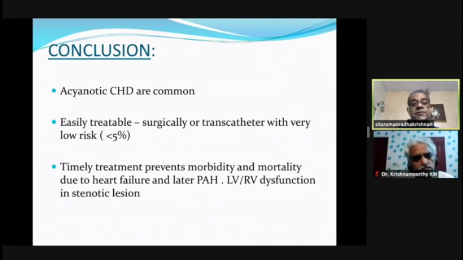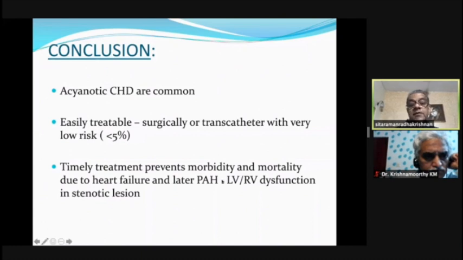So, in conclusion, ladies and gentlemen, acyanotic congenital heart diseases are among the commonest forms of congenital heart disease. They are easily treatable. I think even a 5% risk is a bit high. Dr. Krishnamurthy would agree with me that in good tertiary pediatric cardiac services, for the lesions which I have talked about, if it is done correctly at the correct time, then the mortality should not be more than 2%.